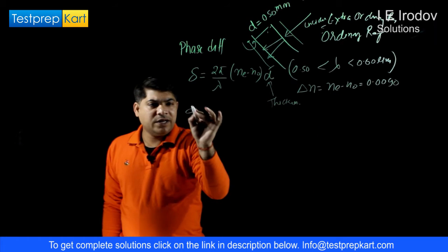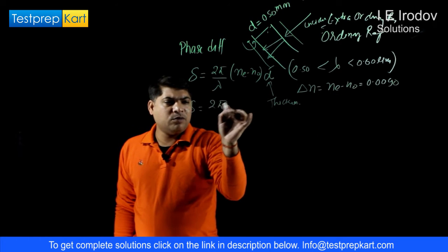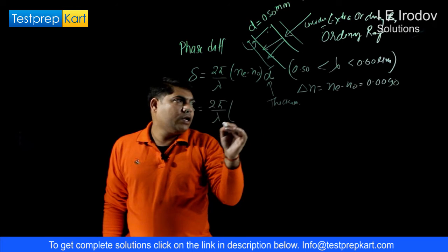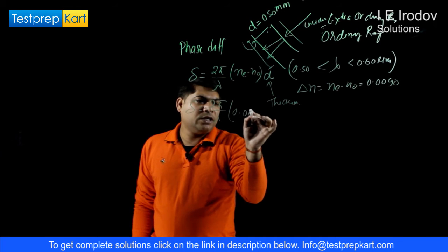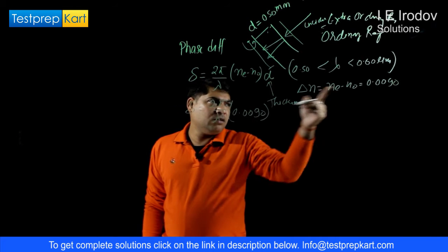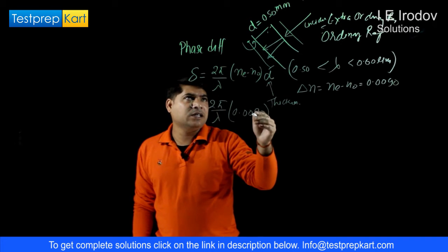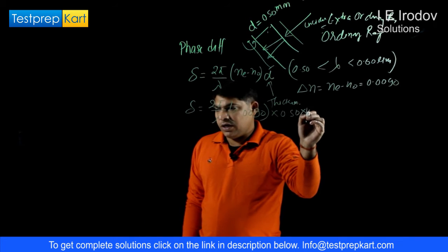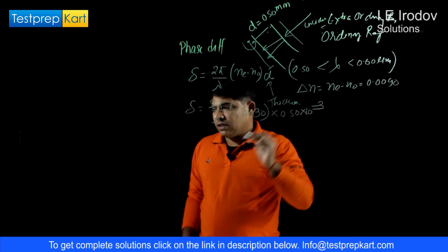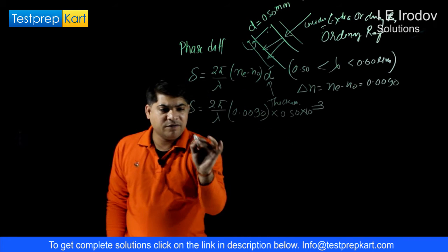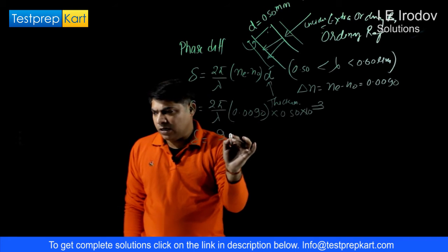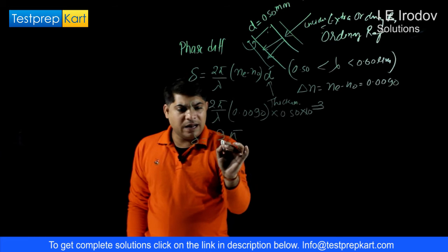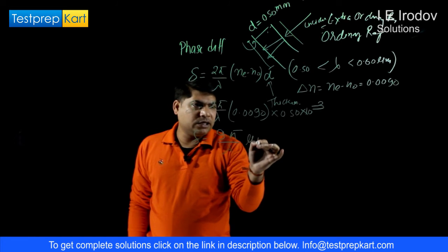0.0090. So we can write delta equals 2 pi over lambda into 0.0090, the difference of refractive index, and the thickness 0.50 into 10 to the power minus 3. From here we get delta equals 9 pi over lambda, with lambda in micrometers.